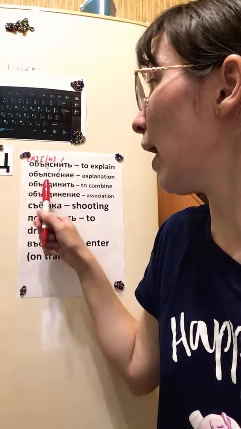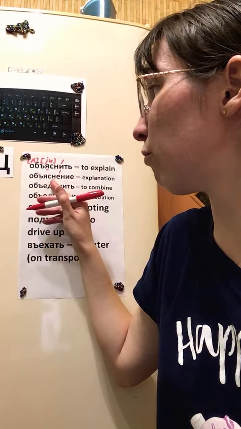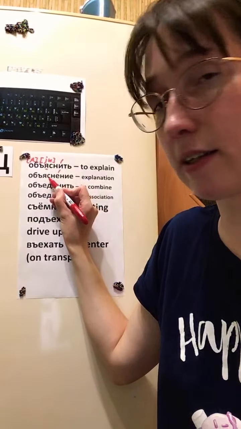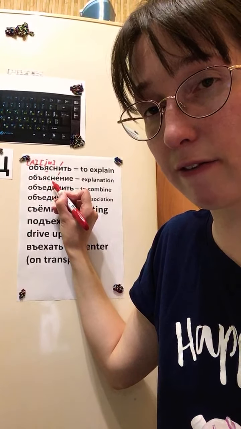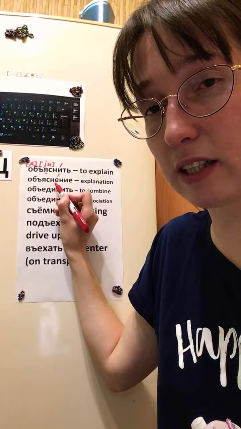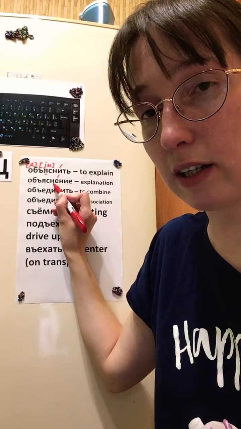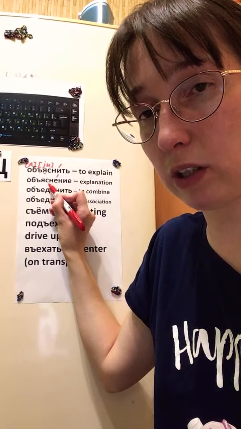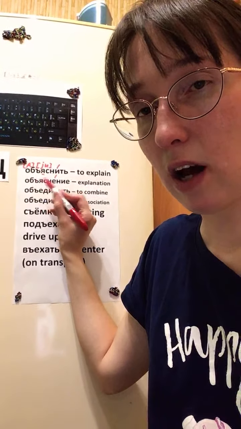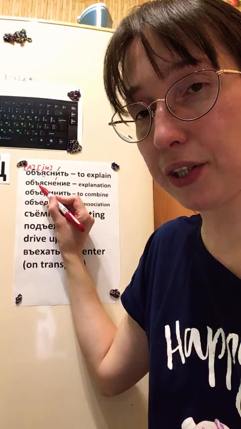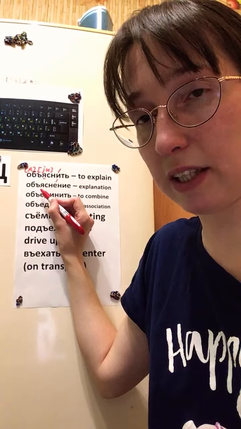Объяснение. Again, like I told you before, s becomes soft if the following consonant is soft. So, n is soft here, so we pronounce s soft. But we say yi.